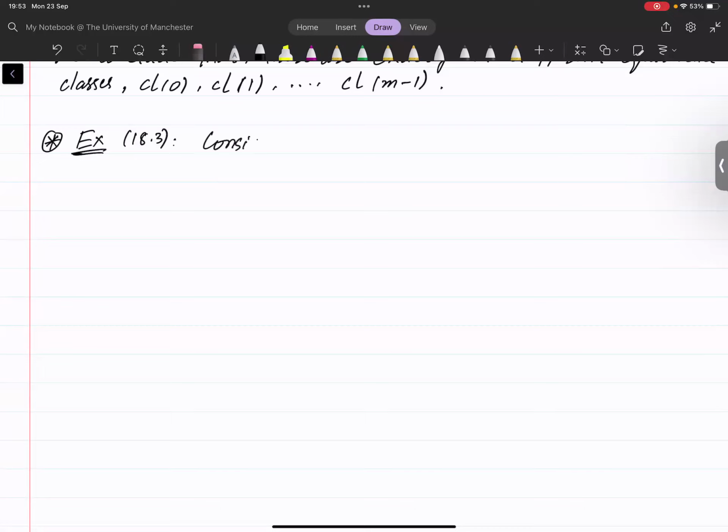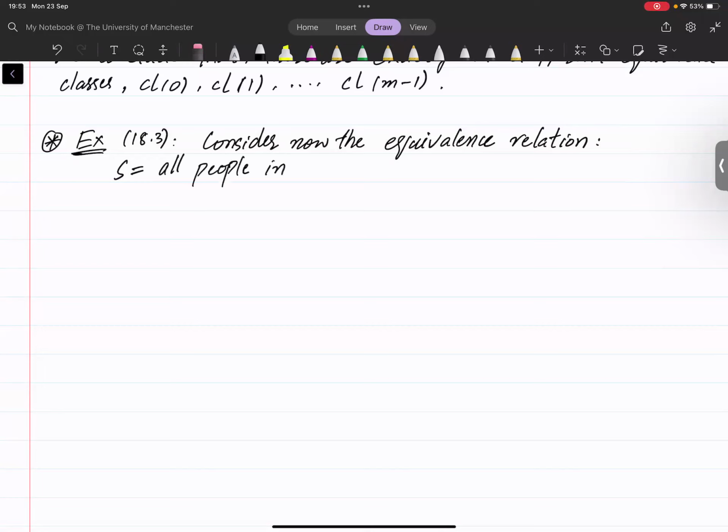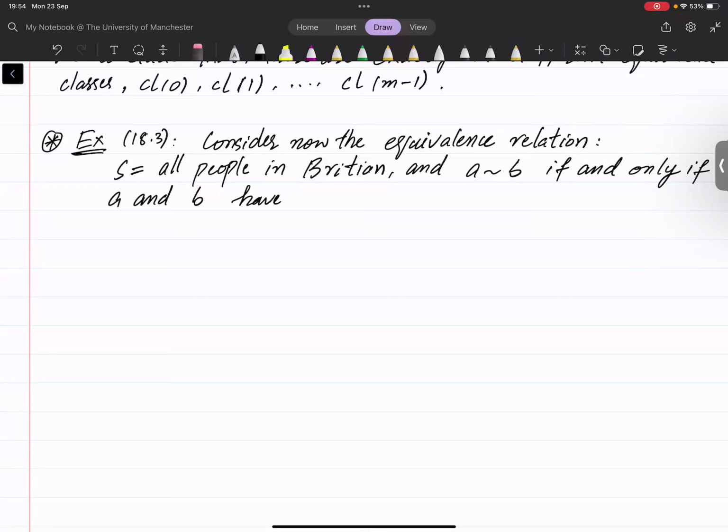Now consider the equivalence relation where S is the set of all people in Britain, and A is related to B if and only if A and B have the same father.